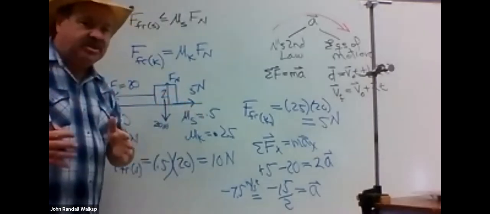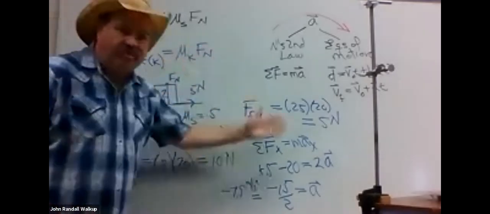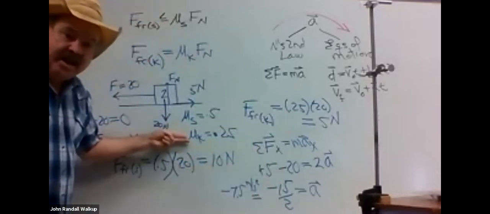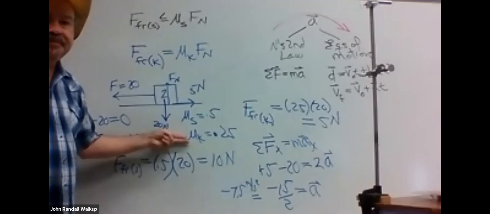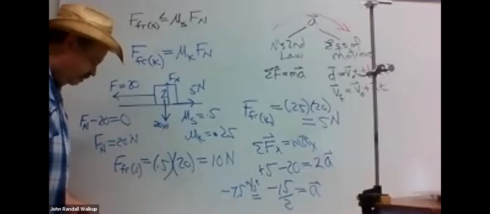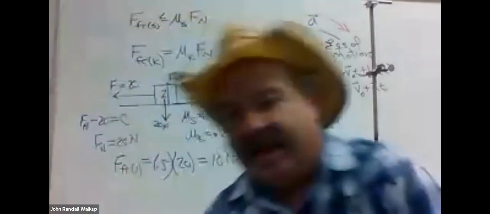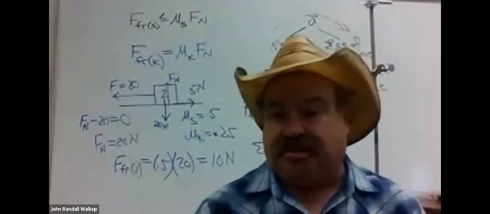If it's not, you got to do the problem all over again from the start using the kinetic coefficient. I think I said that right. Anyway, there it is. That's how friction works. And the next time we get together, we'll start doing some real serious problems with friction.